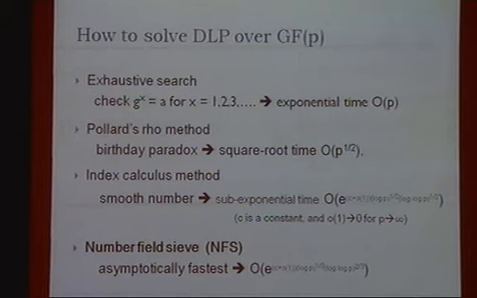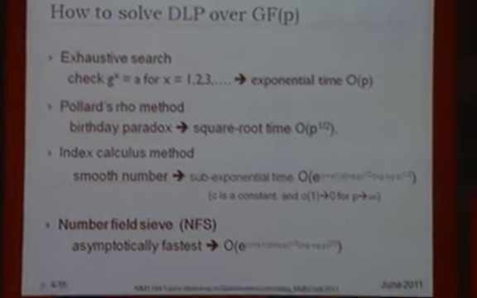The difference from the standard index calculus method is that the exponents here are different. The previous one is 1/2, but here we have 1/3. And here it becomes larger, 2/3 from 1/2. But here is a log p term, therefore the dominant part is log p to the 1/3.